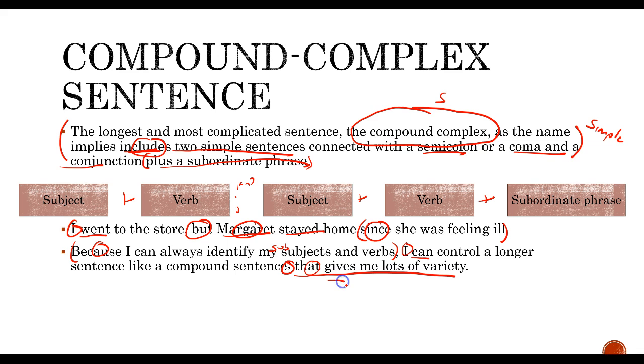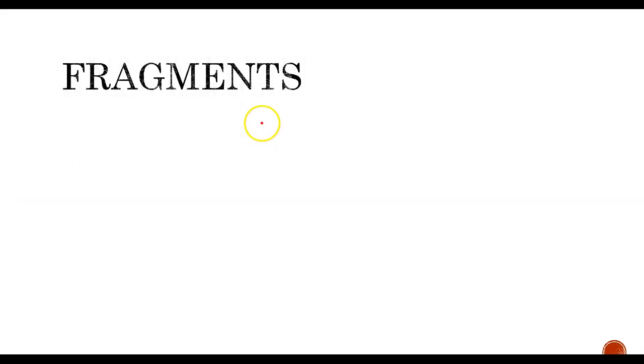That gives me a lot of variety. So there's a nice sentence right there, and it makes a lot of sense too. Because I can identify my subjects and verbs, I can control a longer sentence like a compound complex sentence. I forgot to put complex in there. That gives me lots of variety. So there's a good example of the types.